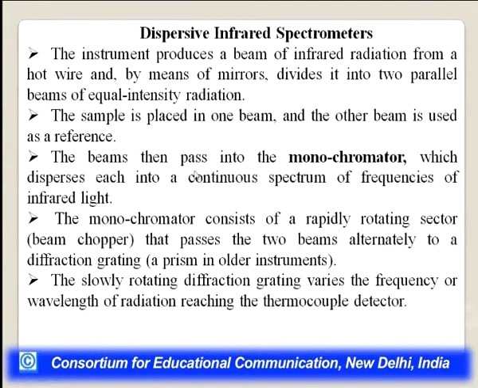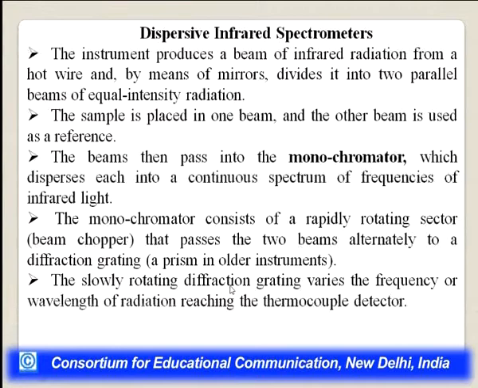The beams then pass into the monochromator, which disperses each into a continuous spectrum of frequencies of infrared light. The monochromator consists of a rapidly rotating sector, that is the beam chopper, that passes the two beams alternately to a diffraction grating, which was a prism in older instruments.